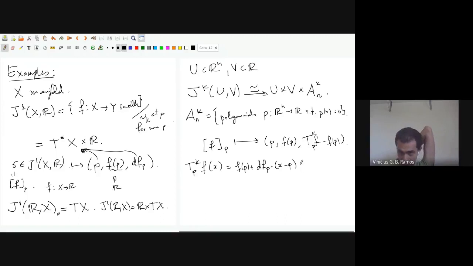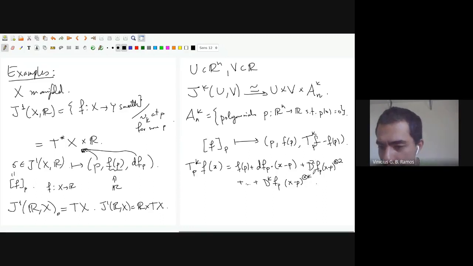Okay. And then I have the second derivative applied to x minus P, and I'm going to write it like this, tensor power 2, at the point P. Okay, so this is just the derivative of the derivative, and so on, and then you have the kth derivative of f at P applied to x minus P to the kth power like this.